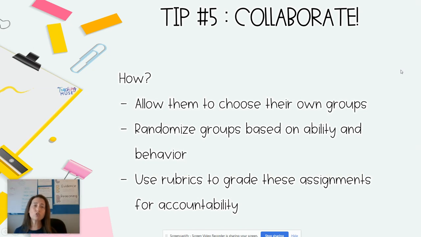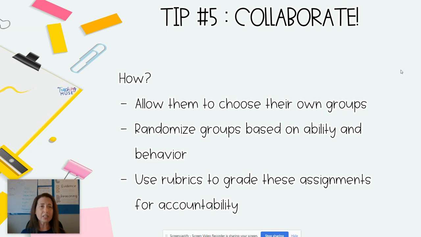So some ways to do this, you may want to allow them to choose their own groups. I usually start out the first couple days, I like to really engage them with different activities. At that point, I will let them choose their own groups, and I really hit home with, I'm letting you choose your own groups right now, and this is going to let me know moving forward whether or not I'm going to be able to do that.